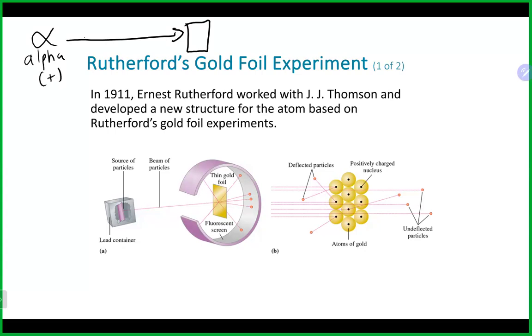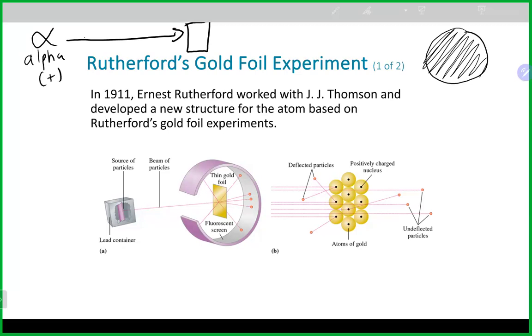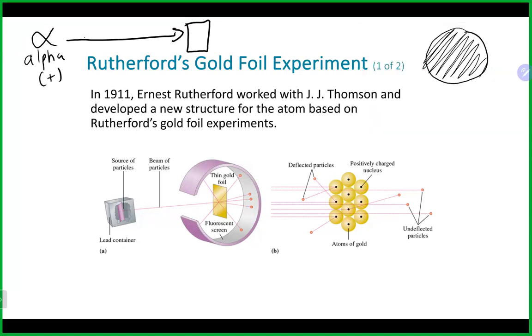So if we think about the model of the atom that they were thinking about, which was we have all this positive charge spread out, we have these electrons that are embedded inside, and we're going to basically shoot these alpha particles, which are positively charged particles, at a big pudding of positive charge, right?